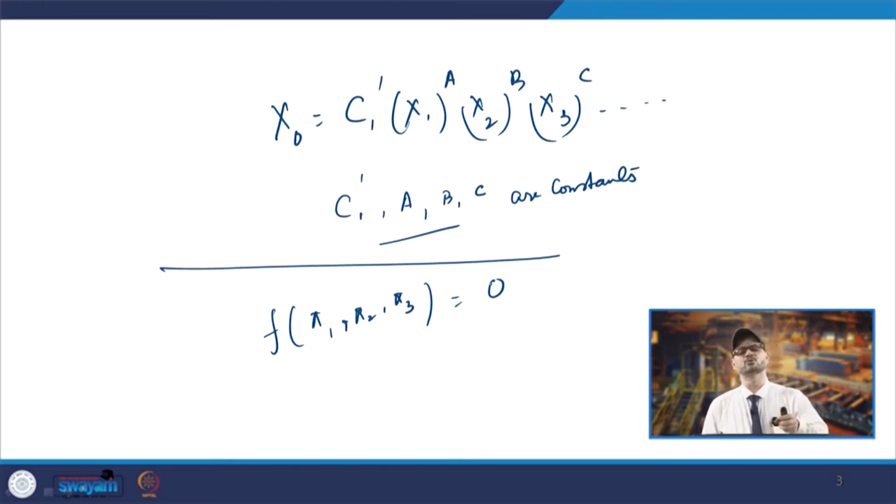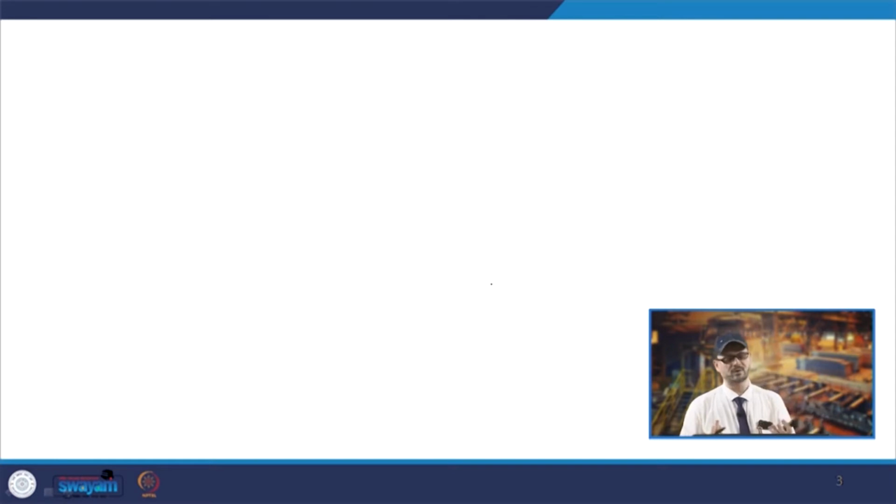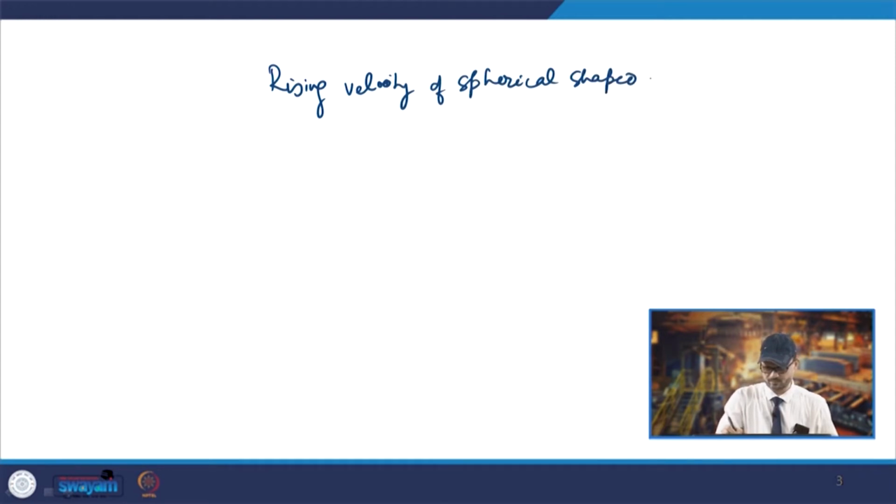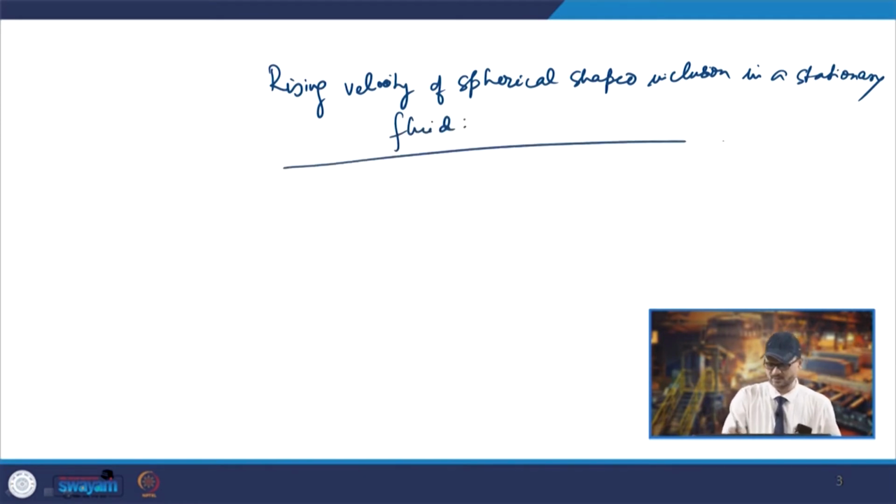So, for example, if you look at one problem, you have to find the rising velocity of a spherical shaped particle, a spherical shaped inclusion, in a stationary fluid. Suppose you have to calculate the dimensionless groups. You can use this Buckingham pi theorem.